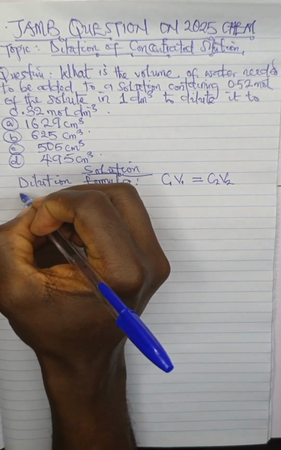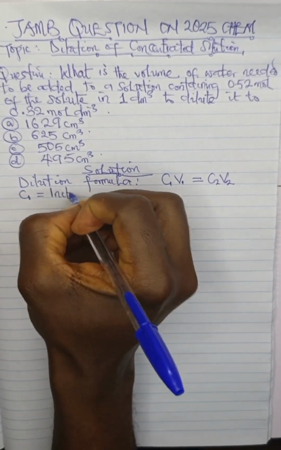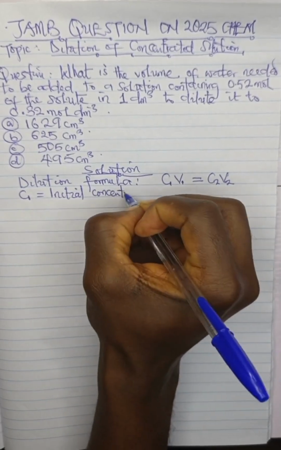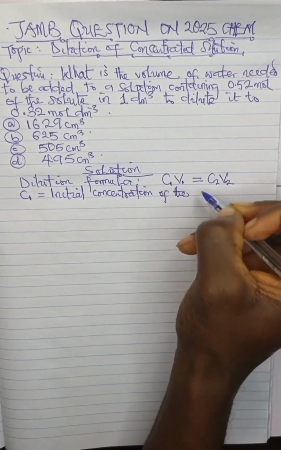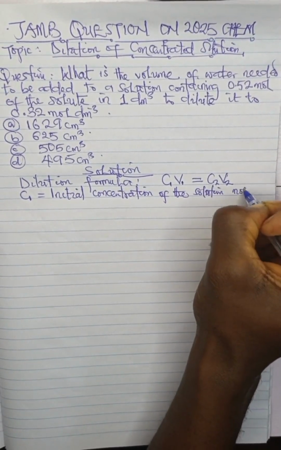Here C1 means initial concentration of the solution in mole per dm cube.